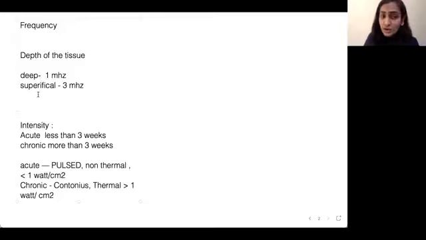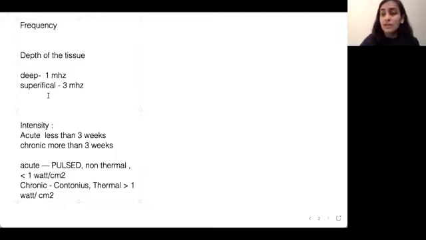Okay, now again I'm going to repeat this so you don't confuse it with any question that has been asked. Frequency could always be 3 megahertz or 1 megahertz. 3 megahertz is for superficial structures, 1 megahertz is for deep structures. Intensity will not be determined by superficial or deep, no. It is determined based on whether the situation is acute or chronic. Acute is less than 3 weeks, chronic is greater than 3 weeks.